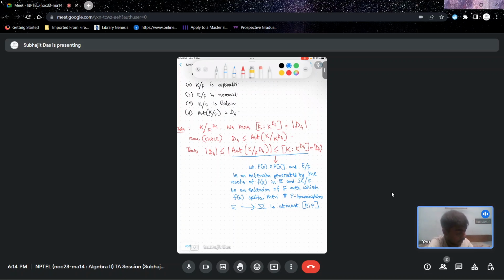So the upshot is that on the left hand side of the inequality we have the cardinality of D4, and on the right hand side we also have the cardinality of D4, which means all these inequalities are equalities.